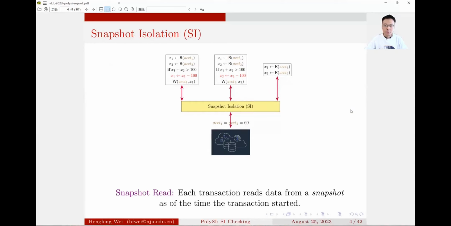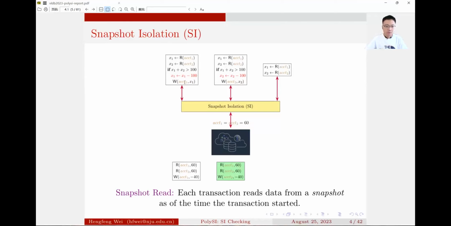Snapshot isolation is a weak isolation level. It allows each transaction to read data from a snapshot as of the time the transaction started. In this example, we have two transactions, which concurrently read the two accounts, compute their sum, and withdraw money if possible.